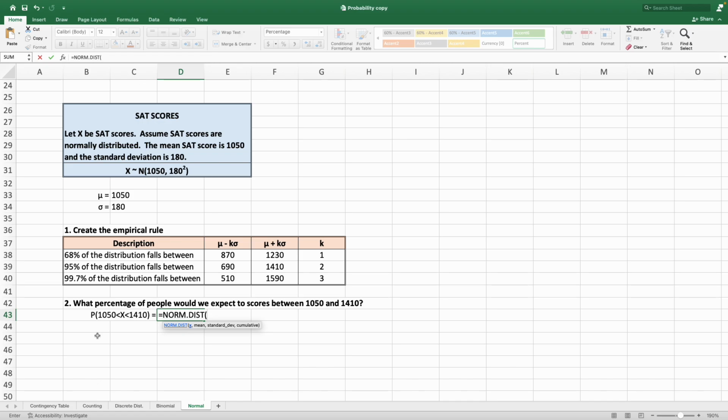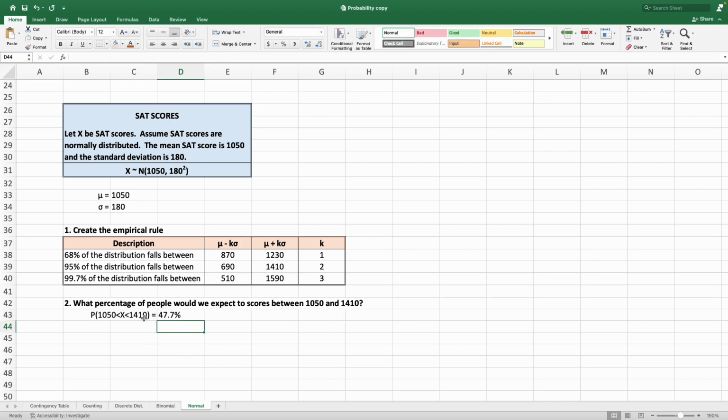First we want the bigger number, so 1410, comma, mean is 1050, comma, standard deviation 180, comma, true, close parenthesis, and then subtract norm.dist. But now we want the smaller number, so 1050, comma, mean is 1050, comma, standard deviation 180, comma, true, close parenthesis, and enter.